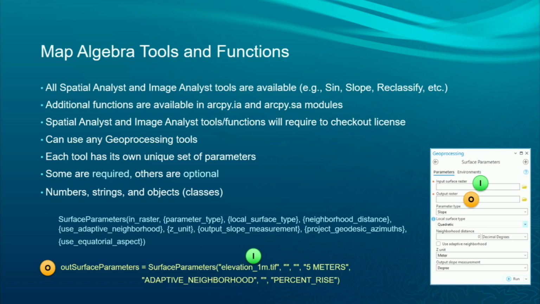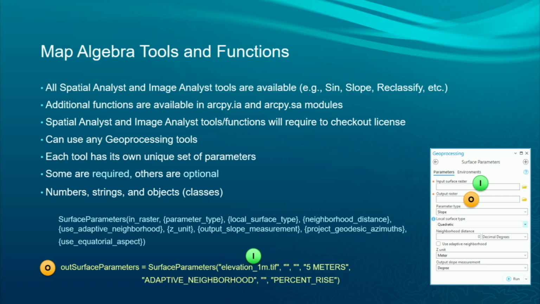Map Algebra tools and functions: all the tools you see in the toolbox are available. There are additional functions also in the module. And Spatial Analyst and Image Analyst tools and functions will require checking out an extension license because it's an extension.